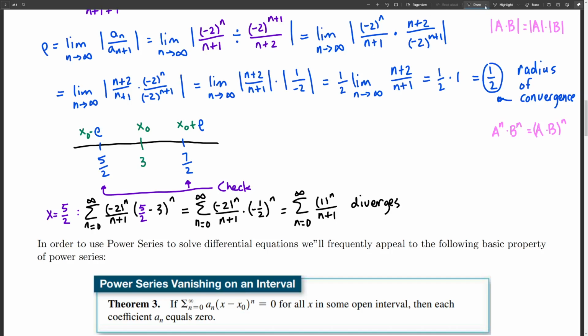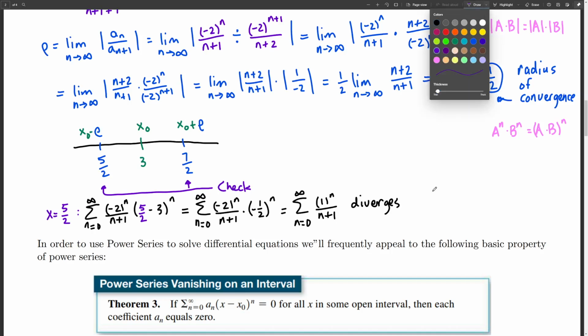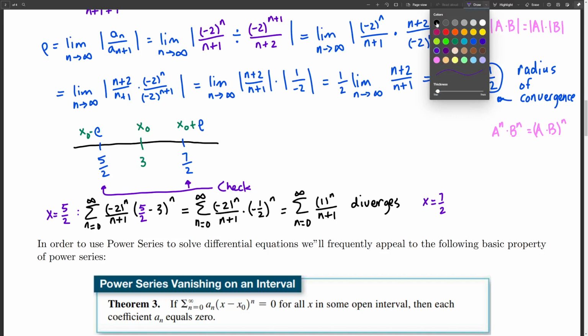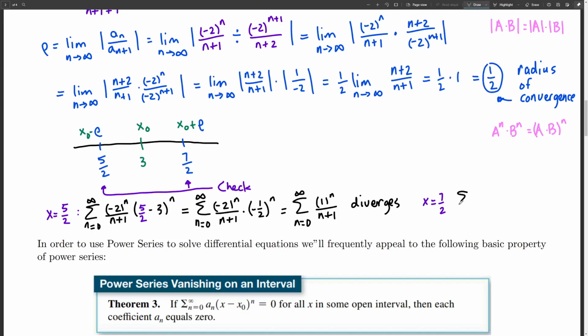Now, if you plug in x equals 7 over 2, I'll leave it up to you to show that the series simplifies to the following: the sum from n equals 0 to infinity of -1 to the power n over n plus 1. And that's an alternating series that actually converges. So this converges.